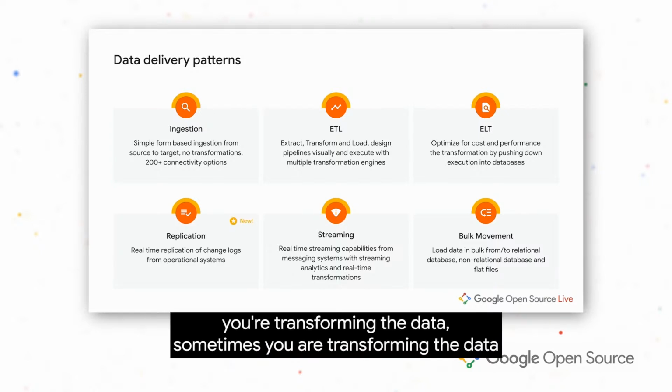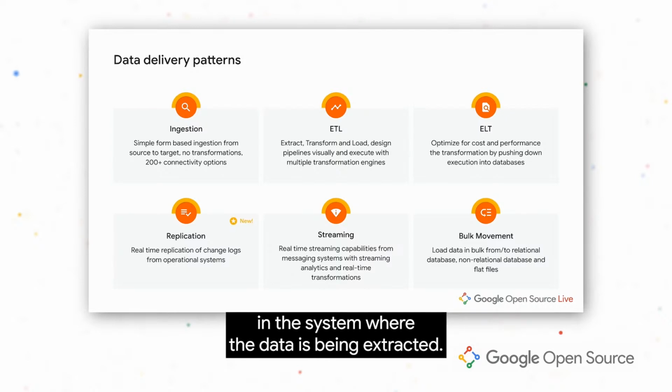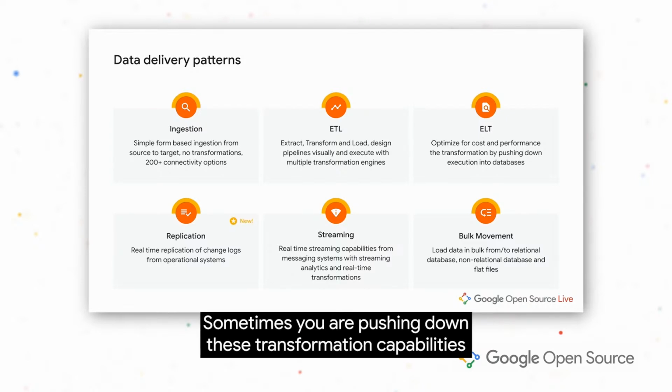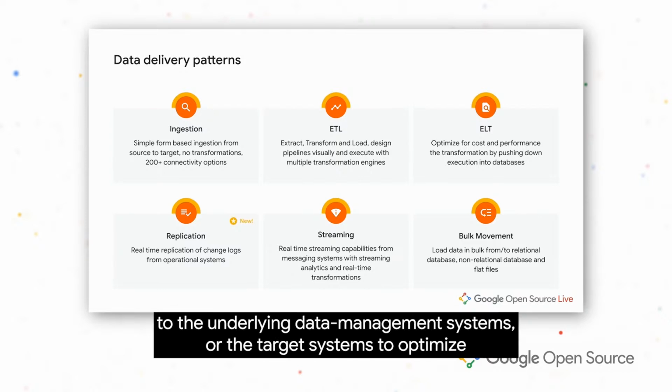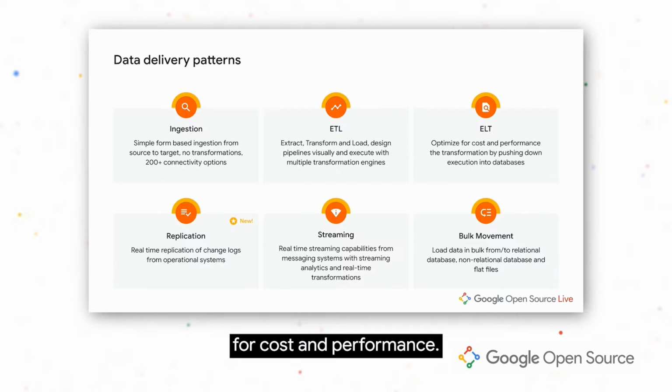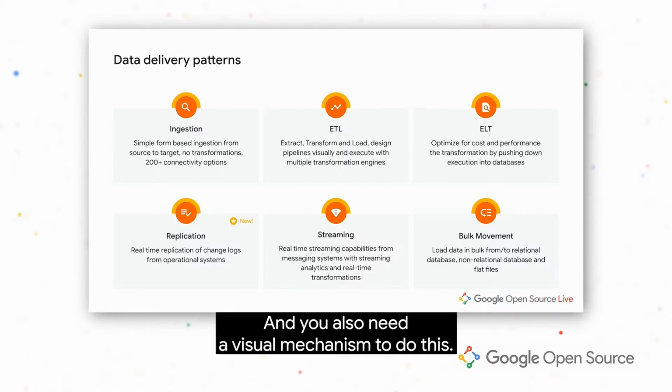Sometimes you are transforming the data in the system where the data is being extracted. Sometimes you are pushing down these transformation capabilities to the underlying data management systems or the target systems, to optimize for cost and performance. And you also need a visual mechanism to do this.